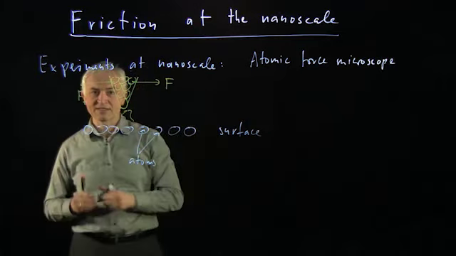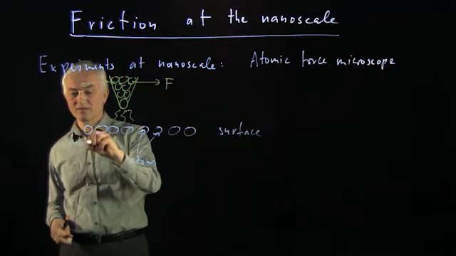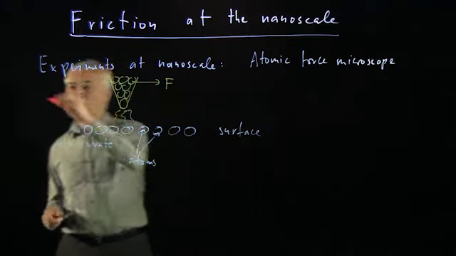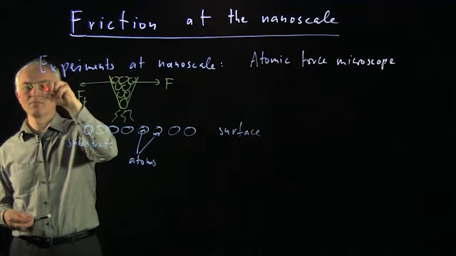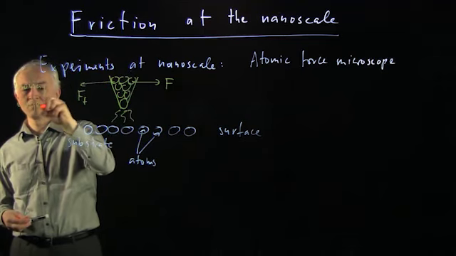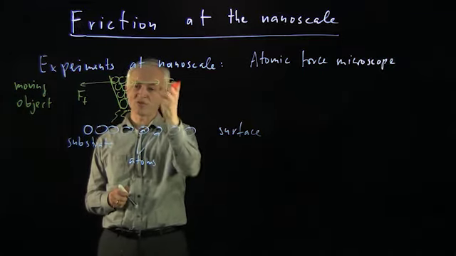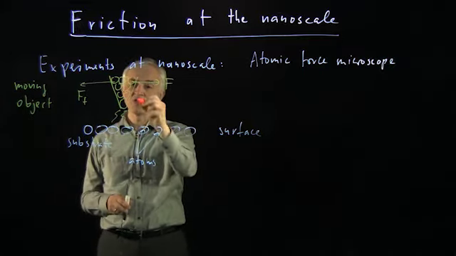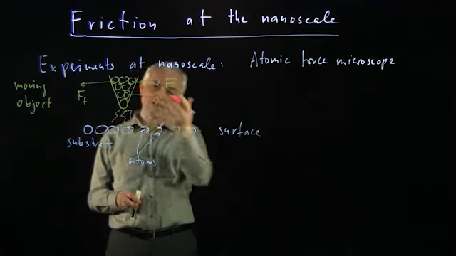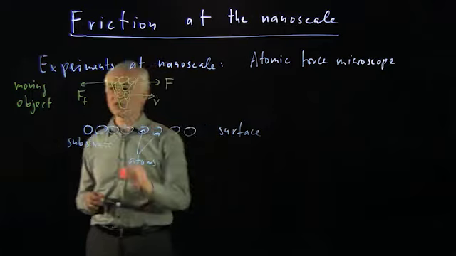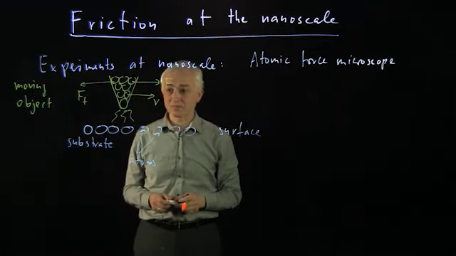So we might call this the substrate, and this would be the moving object. And we can either study static friction by pulling the objects but not with a force large enough to move, or maybe we can have the object apply a larger force so the object starts moving at a certain velocity v, and we can measure friction.